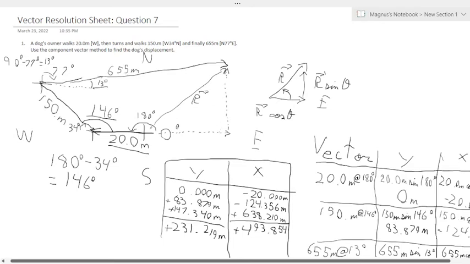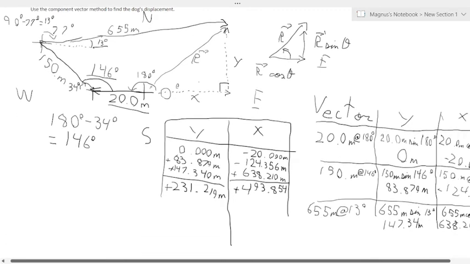Well, this conveniently makes a right angle triangle. If we know this side is our x, and this side is our y, then what can we use to find this hypotenuse? We can use Pythagorean's theorem.